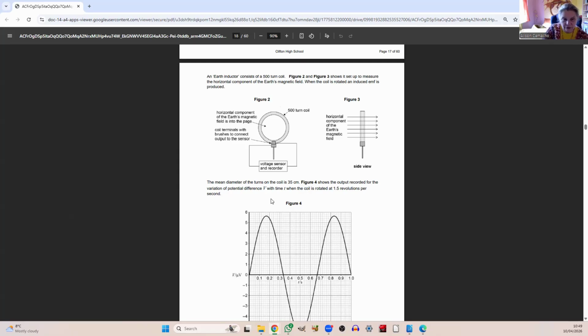I think the coil is, they haven't made it clear, have they? I think the coil is going to be rotated around there, like that. I think. Yeah, like on the y-axis. Yeah, absolutely.